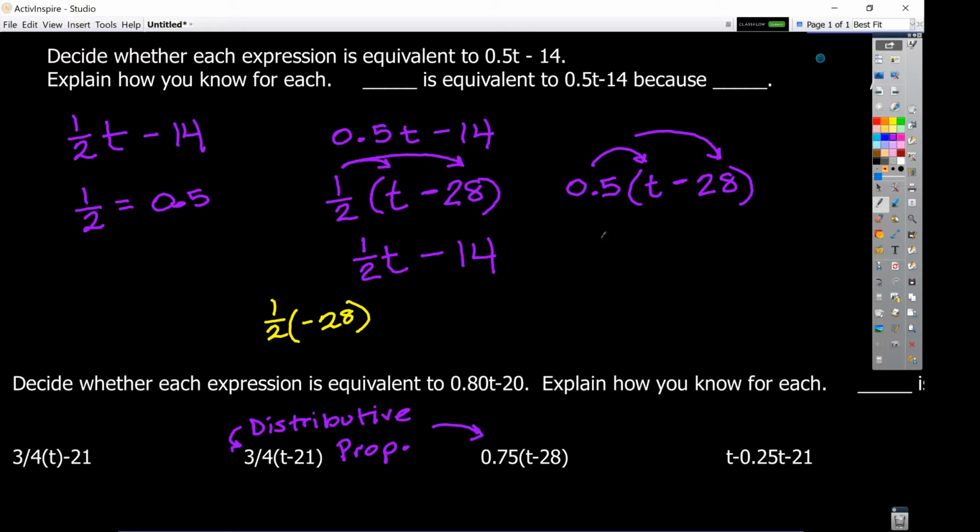So this would equal 0.5 t minus, or negative, and then what's half of 28? We know that from the other problem. There you go. Distributive property.